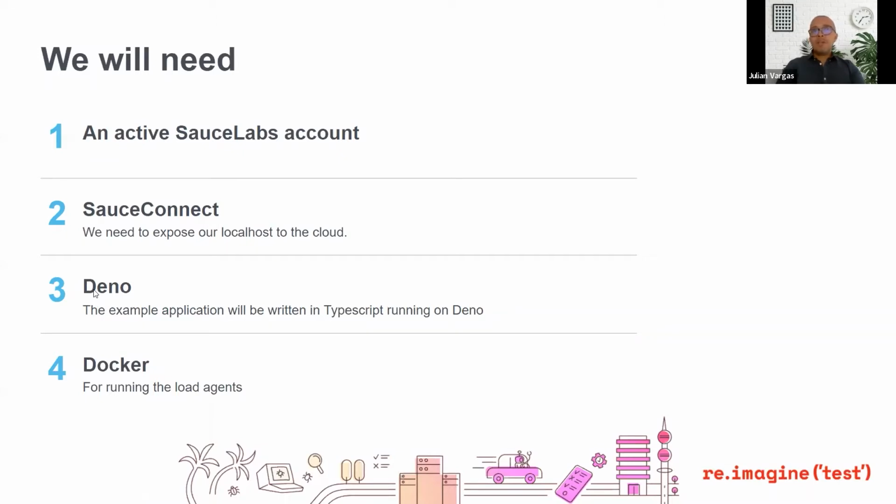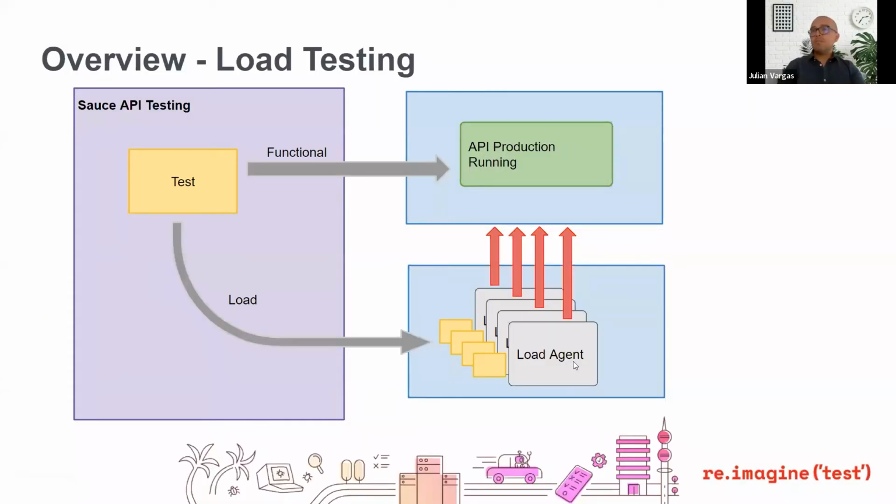The runtime will be Deno, because this allows us to execute TypeScript without npm or installing any external dependencies, just TypeScript run by Deno. And we will use Docker because these load agents are Docker containers. This allows you to use any container orchestration technology that you have in your company to set up the load experiments.